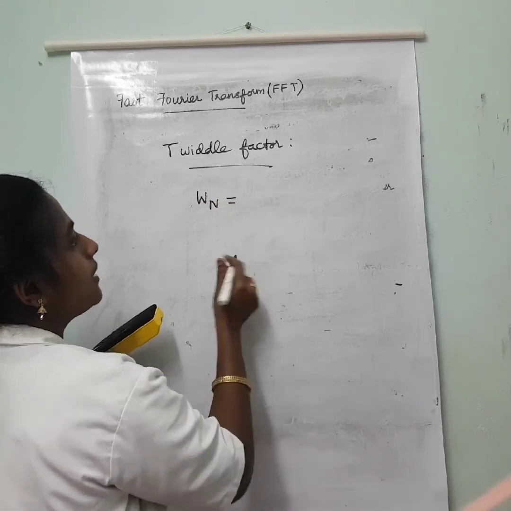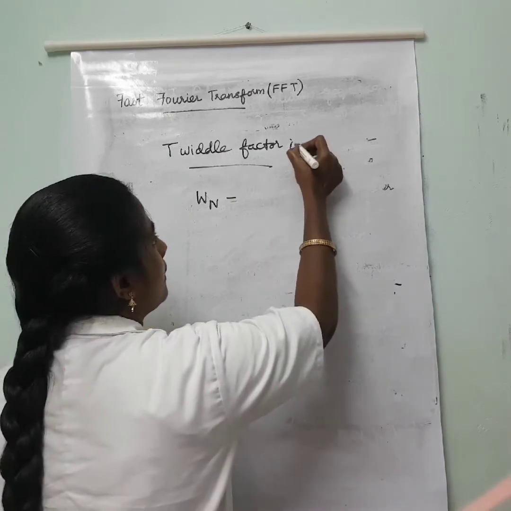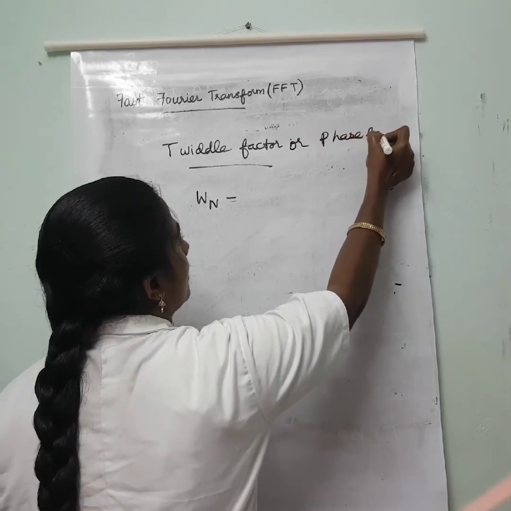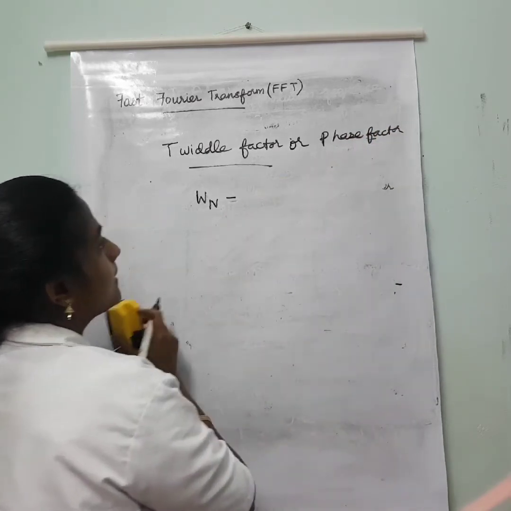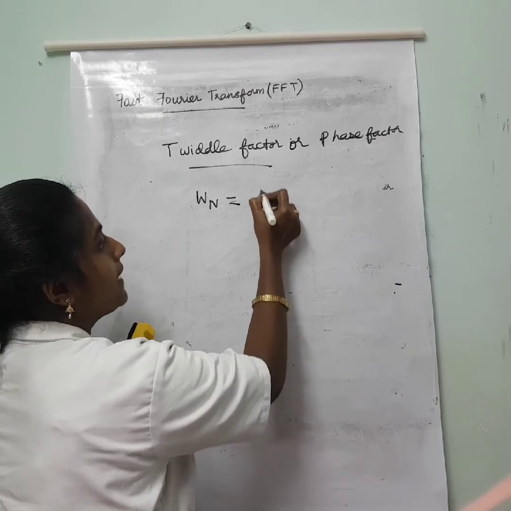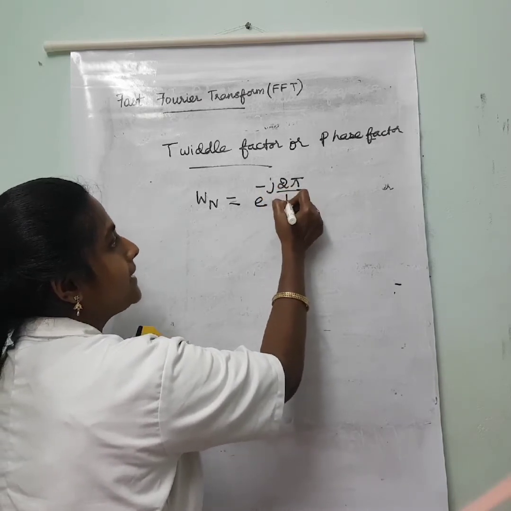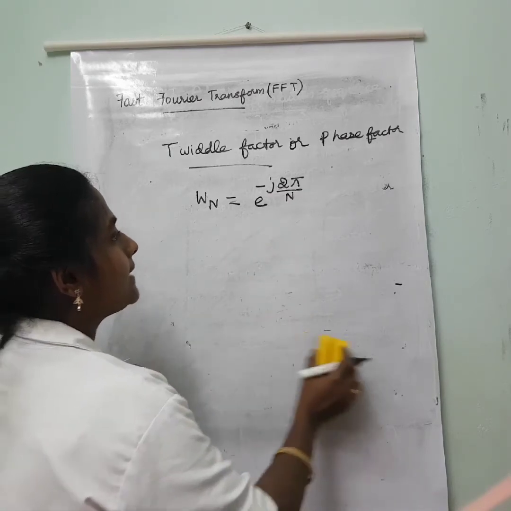Wn is the twiddle factor. This twiddle factor is otherwise also called the phase factor. It is represented by Wn, which is equal to e power minus j 2 pi divided by n.